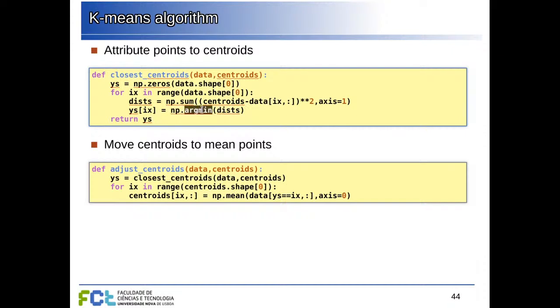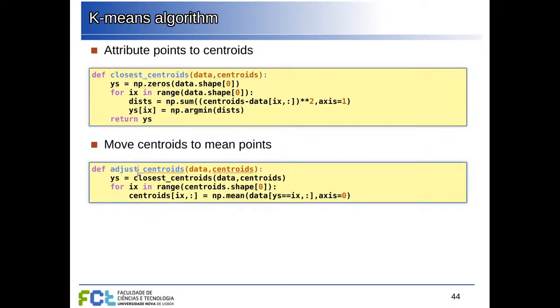So this argmin function gives you the index of the smallest value in a vector. This vector is the vector of distances between this point and all the centroids. So this is the index of the centroid that is closest to the point. And this will be the label for this point. So this way we can assign all our examples to the closest centroid.